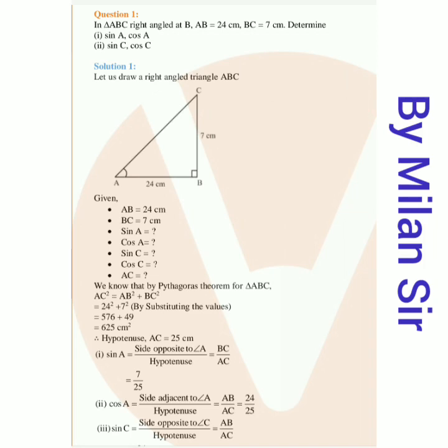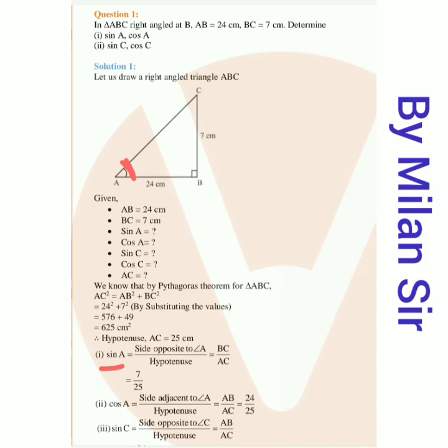First of all we need to find sine A. Now sine A, that means our A is the reference angle. Now what is the formula of sine theta? It is the opposite side upon hypotenuse. Here angle A is given, that's why side opposite to angle A divided by hypotenuse.